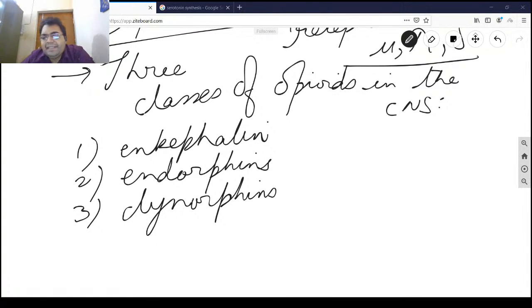And among these opioids, the most potent opioid related to the pain relieving or pain alleviating effect is dynorphin. It is almost 10 times more potent than morphine.